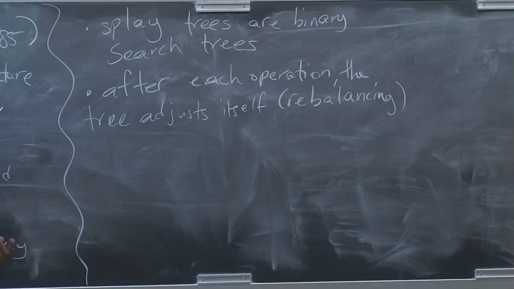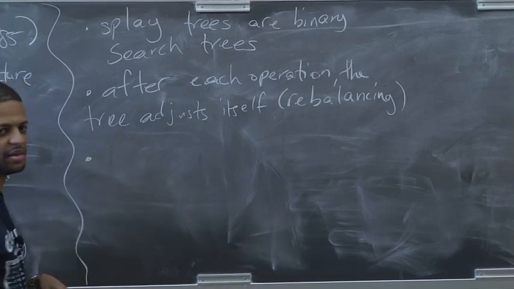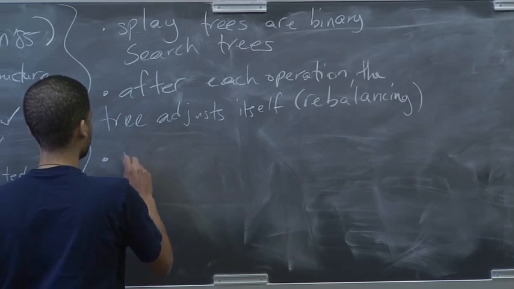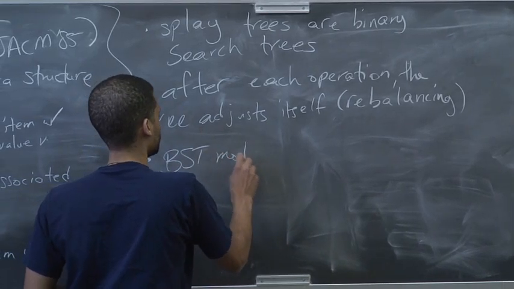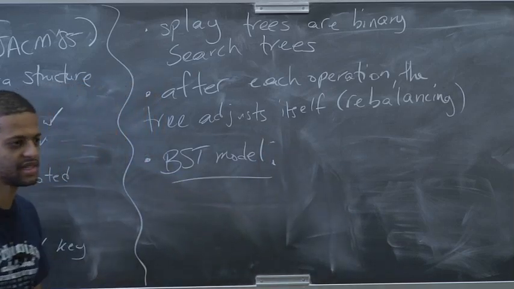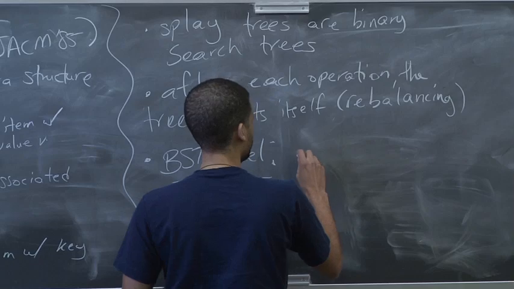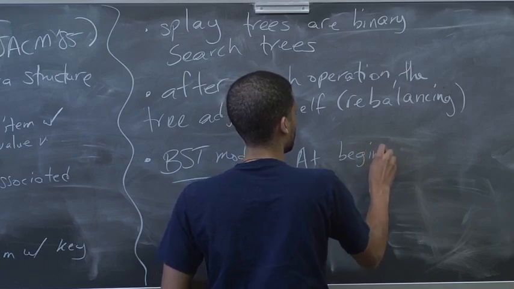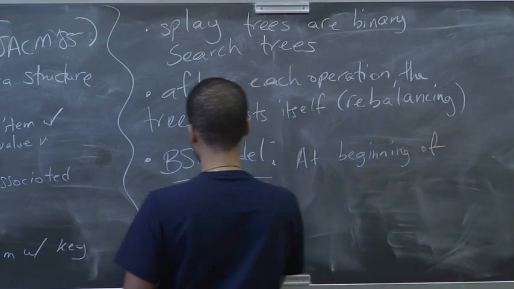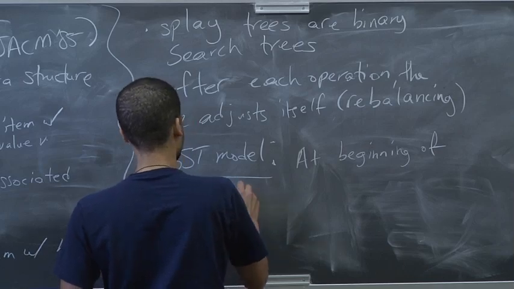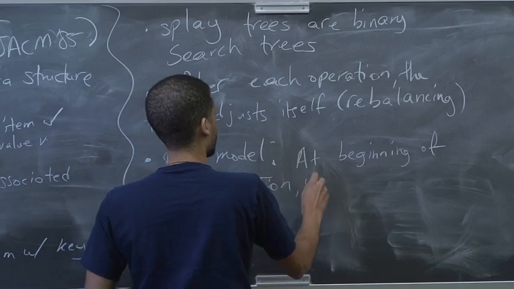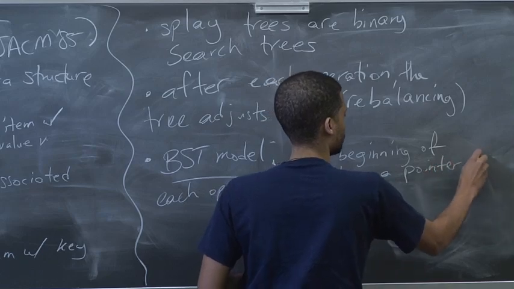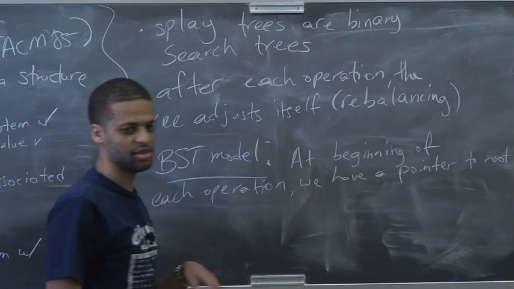Okay, good. So what do I mean by adjusting itself? This data structure operates in a model called the BST model. BST stands for binary search tree. How does the BST model work? At the beginning of each operation, we have a pointer to the root of the tree. And what can you do at each step?